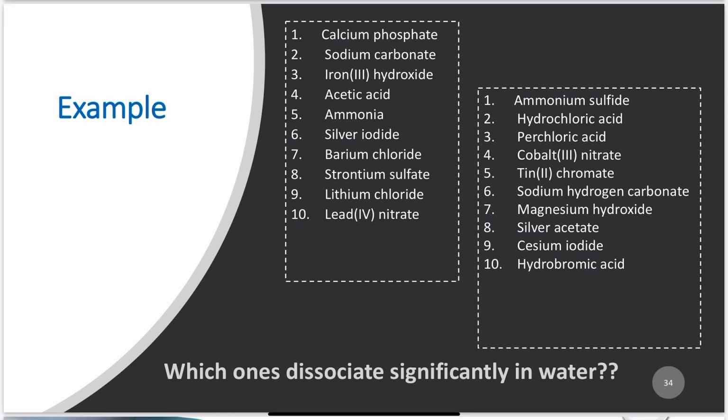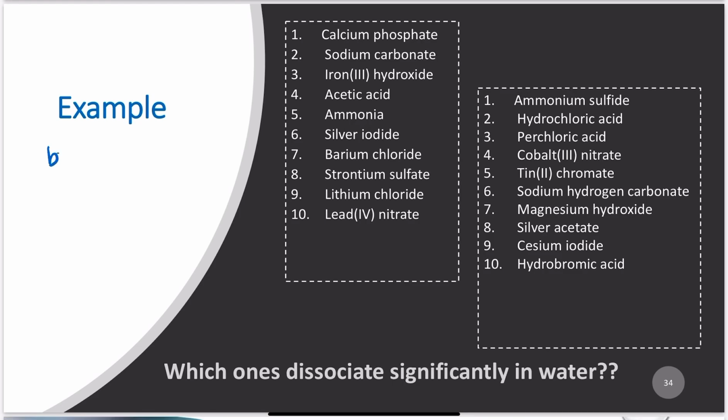And one more example. Which of the following dissociates significantly in water? Can we identify that? What do I mean by dissociate significantly in water? I mean that they are either soluble salts, strong acids, or strong bases.